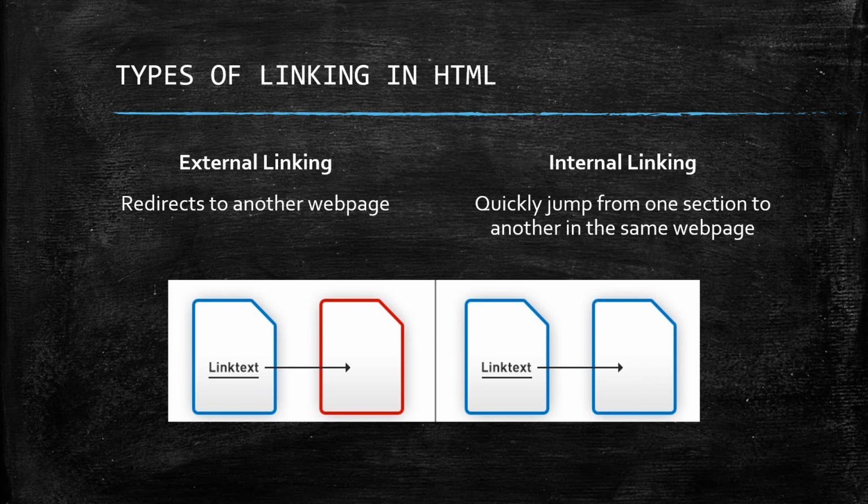For internal linking, we have a new attribute called the name attribute. For all the other linkings, we have the href attribute. As an example, to go to the top of the page in a long web page or to jump to a specific chapter in a web page, we can use this internal linking.